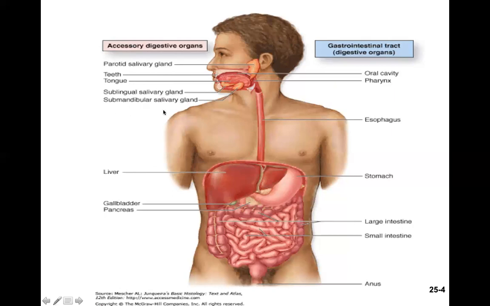You should be able to know where that is immediately because of the name. This is the salivary gland located underneath or at the bottom of your mandible. The teeth and the tongue are also accessory organs. They help to move the food around and help you start breaking the food down so that you're not swallowing big chunks of food, and the rest of your digestive system can start to break it down with more ease.